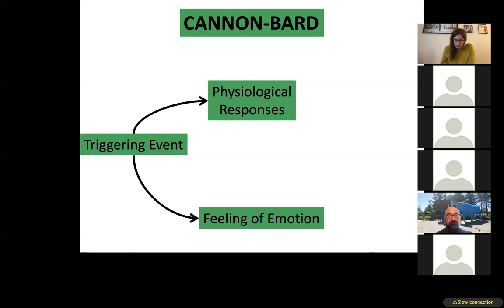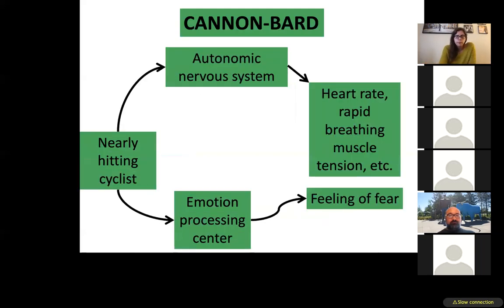It's like saying I felt afraid because my brain's emotion processing center was stimulated at the same time that I got a racing heart and rapid breathing because of other systems in my body. There are separate signals that cause the subjective experience of fear and the physiological arousal. So we can think about the autonomic nervous system.